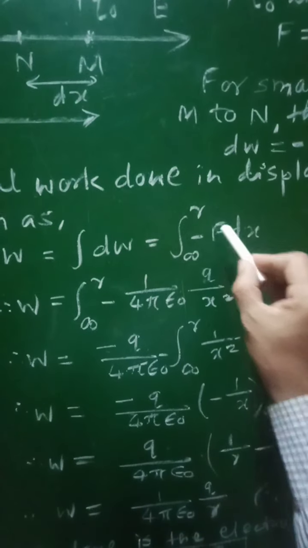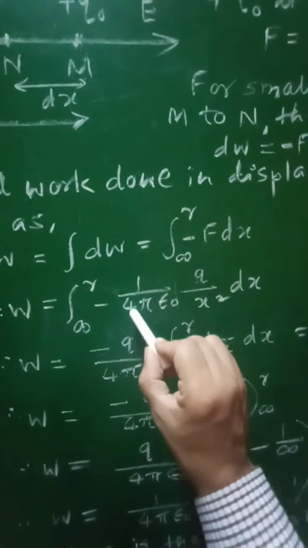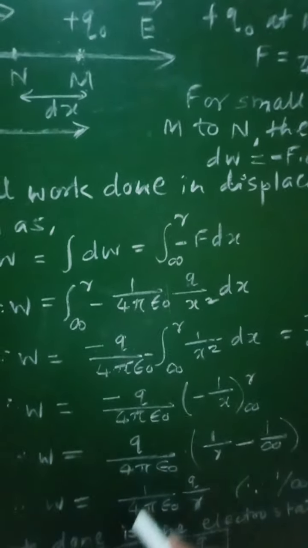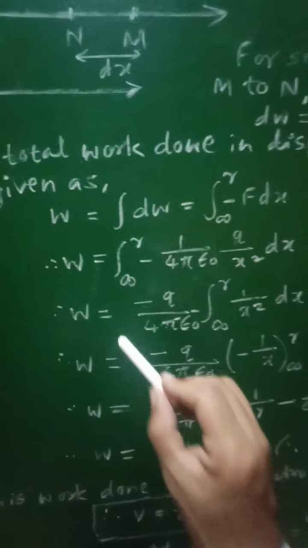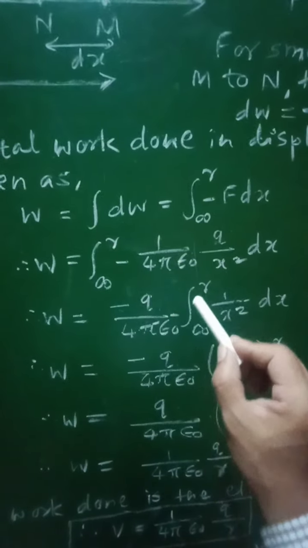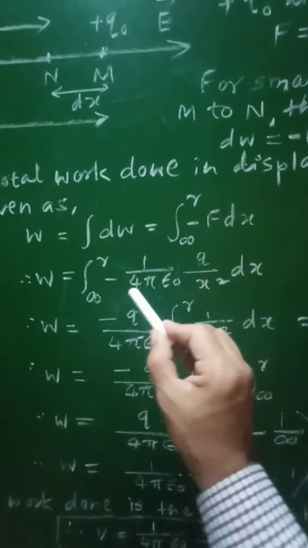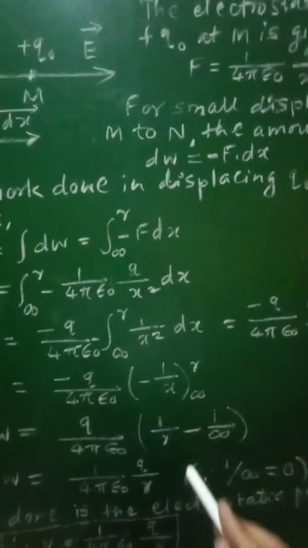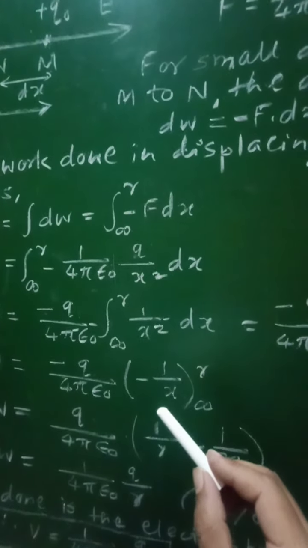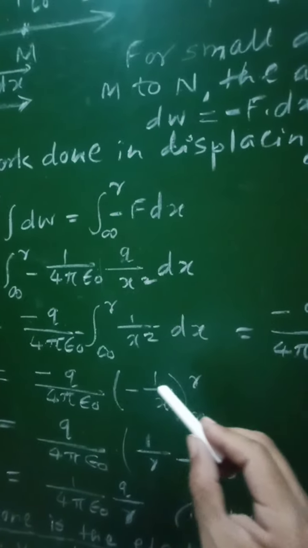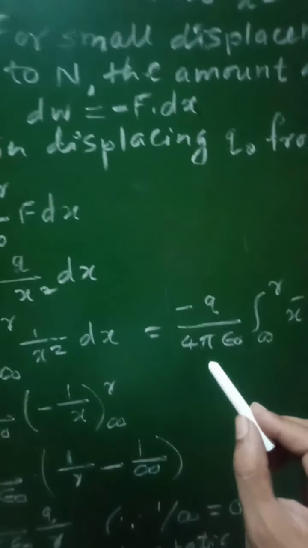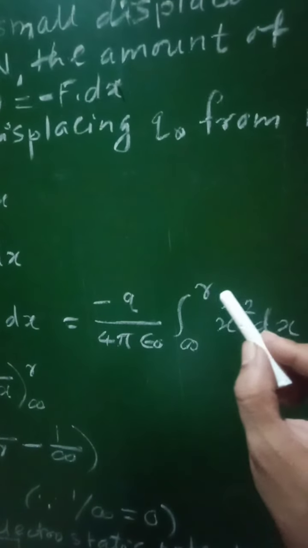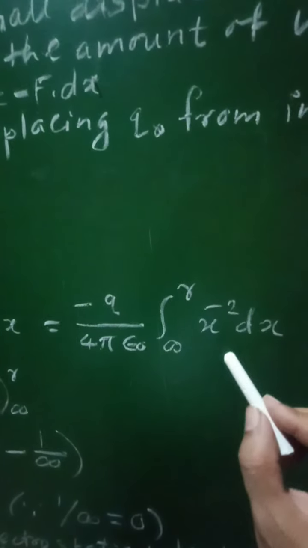The value of this force F is taken as minus 1 upon 4 pi epsilon 0 Q by x square, and therefore we can write W equal to minus Q upon 4 pi epsilon 0, as this total factor is constant, therefore it is taken out of the integration, into integration infinity to R of 1 by x square dx. That will be written as minus Q upon 4 pi epsilon 0 integration infinity to R of x raised to minus 2 dx.